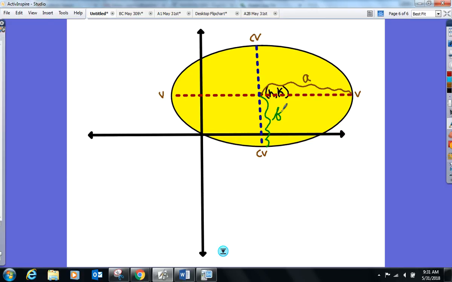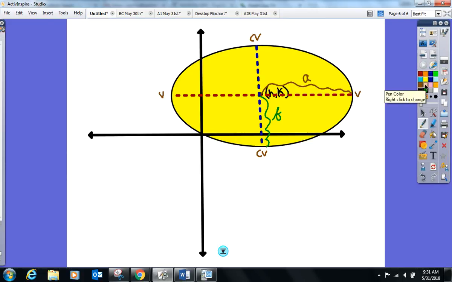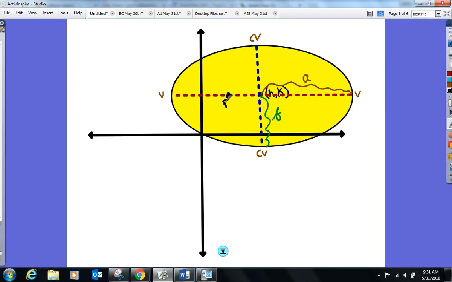The other thing you have to worry about for tomorrow are the foci. Where are the foci always located? On the major axis. And they're always the same distance away from the center. So this could be foci 1 for me, and I'll put this one as foci 2. They are always the same distance from the center. What do we call that distance?